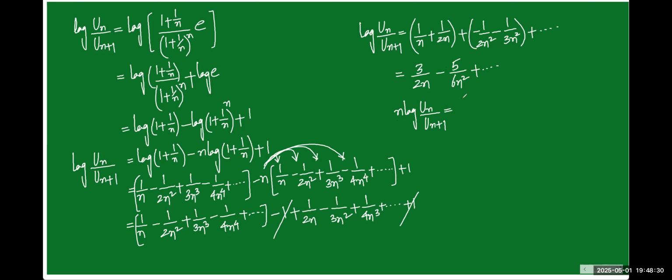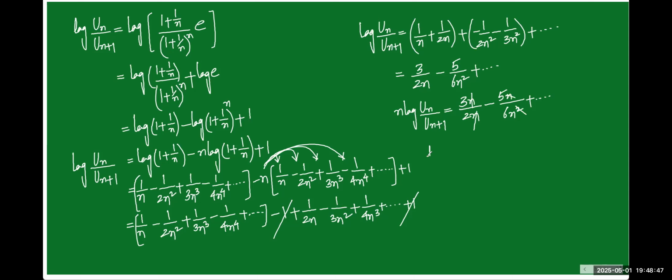Multiplying by n, the numerator is n, the denominator already has 2n. Minus 5n by 6n square. Plus and so on. This one, cancel it. This one, cancel it.